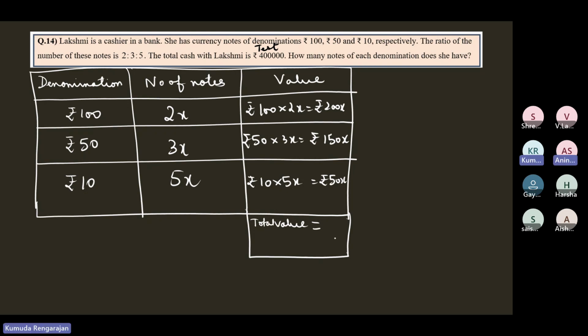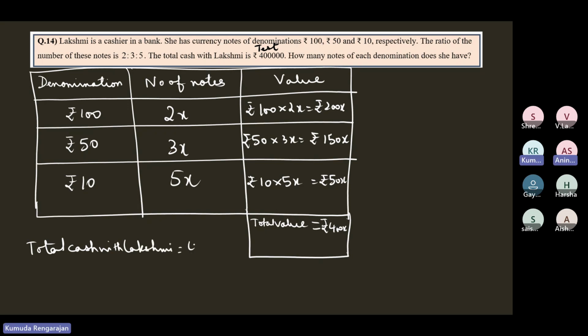So what's the total of this column? The total would be rupees 400x. And what is this 400x equal to? What is the total value of money with Lakshmi? Total cash with Lakshmi is equal to 4 lakhs.